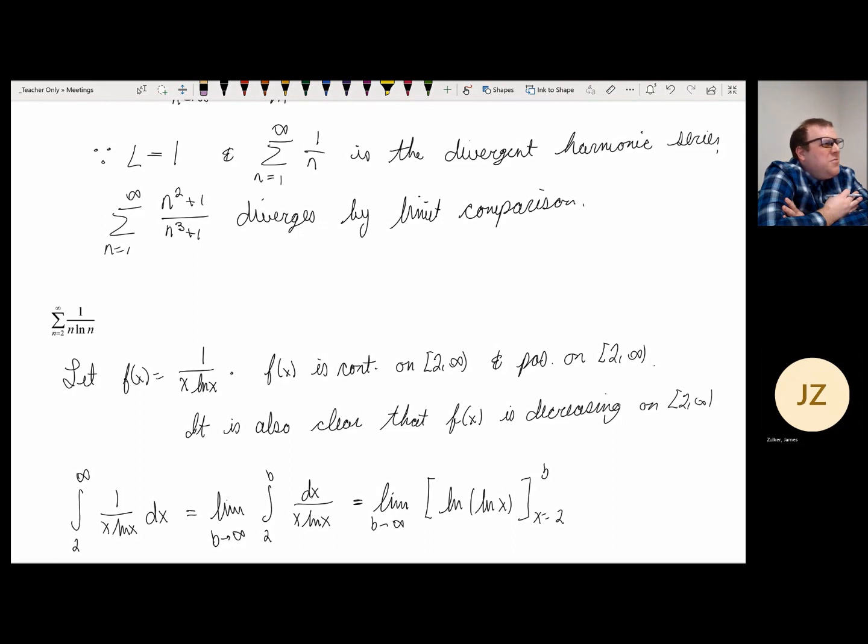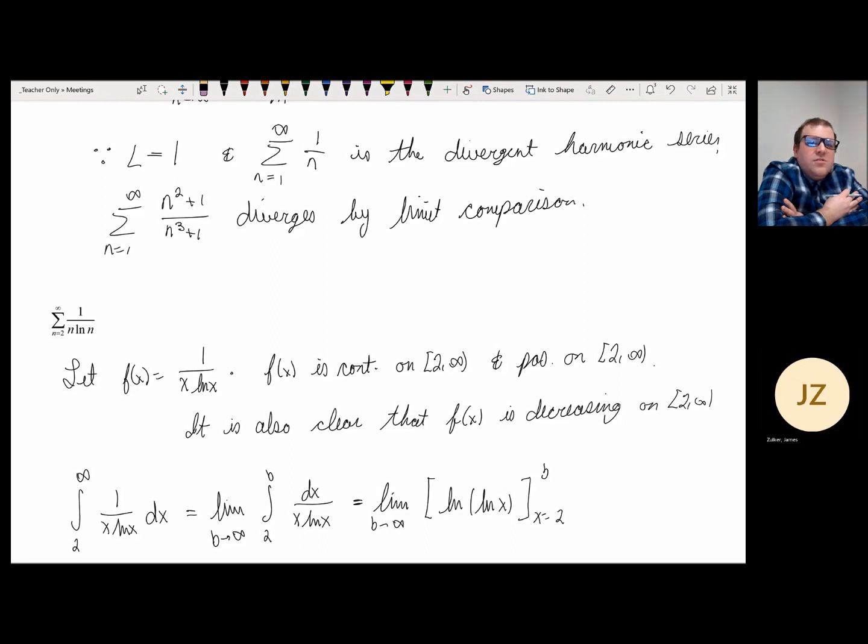Would limit comparison work? I think so. What would you compare it to? 1/n. That would leave you with limit of n squared times log of n, which is infinite, which says if a sub n converges, then b sub n converges.